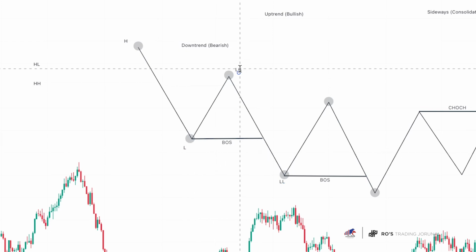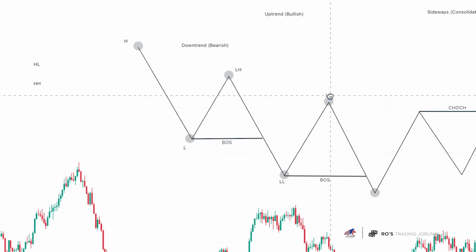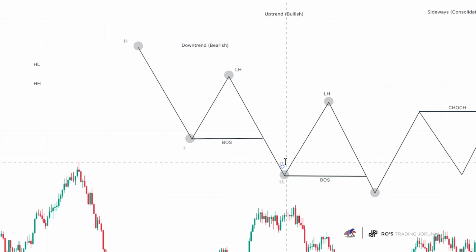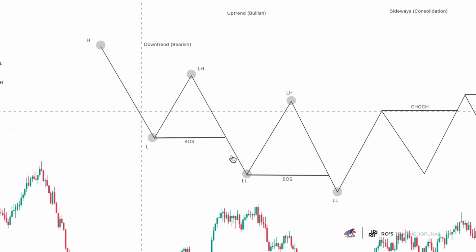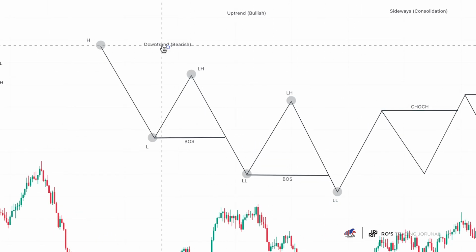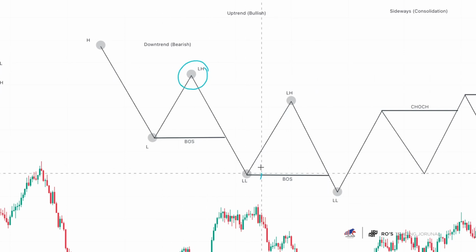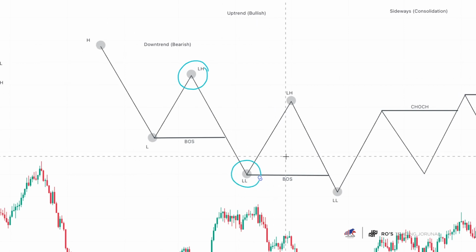And this becomes your lower high again, right? And then your lower low again because it is lower than your previous low. Now, this is your criteria to determine whether you're in a downtrend. The downtrend must have a lower high and a lower low to be determined as a downtrend.